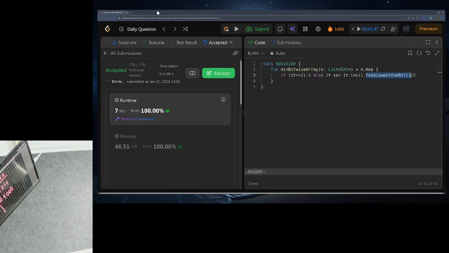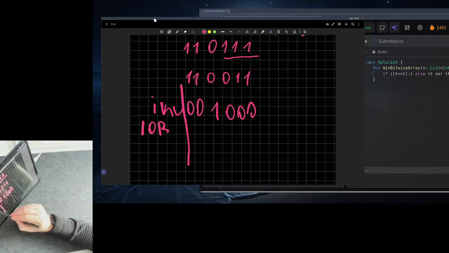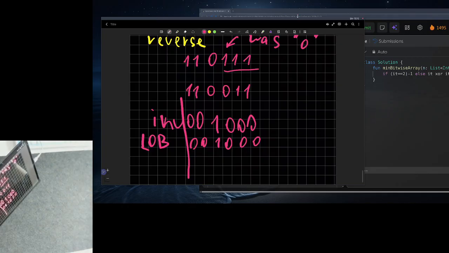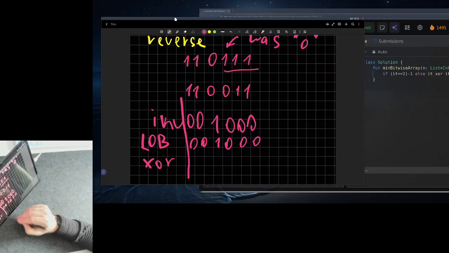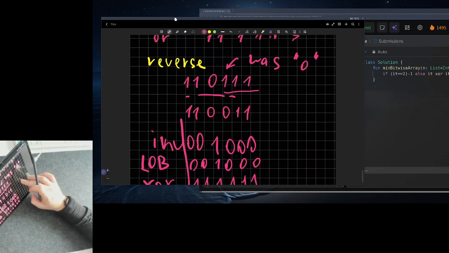Take the lowest one bit. It's actually the same for this example. Now I do the XOR with the original number, and this gives me this solution.